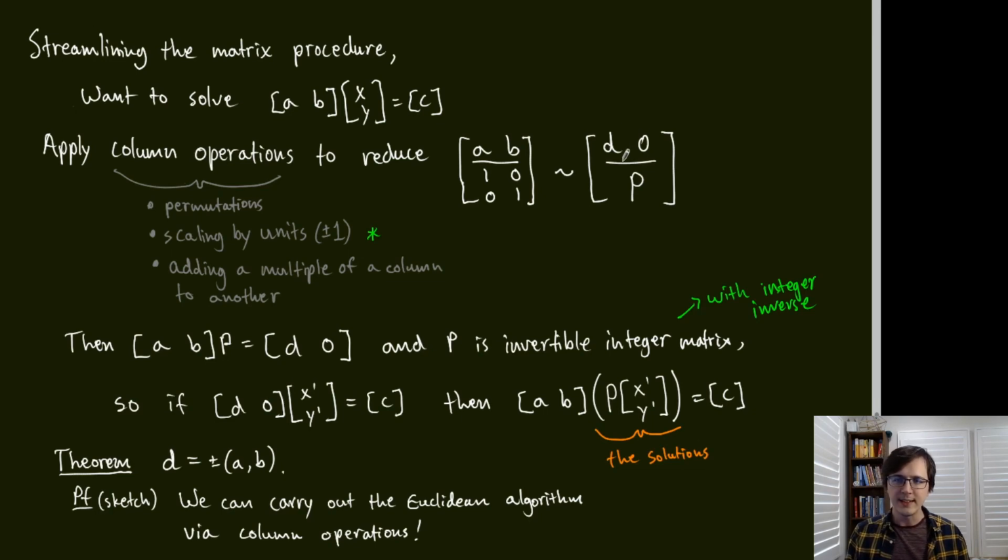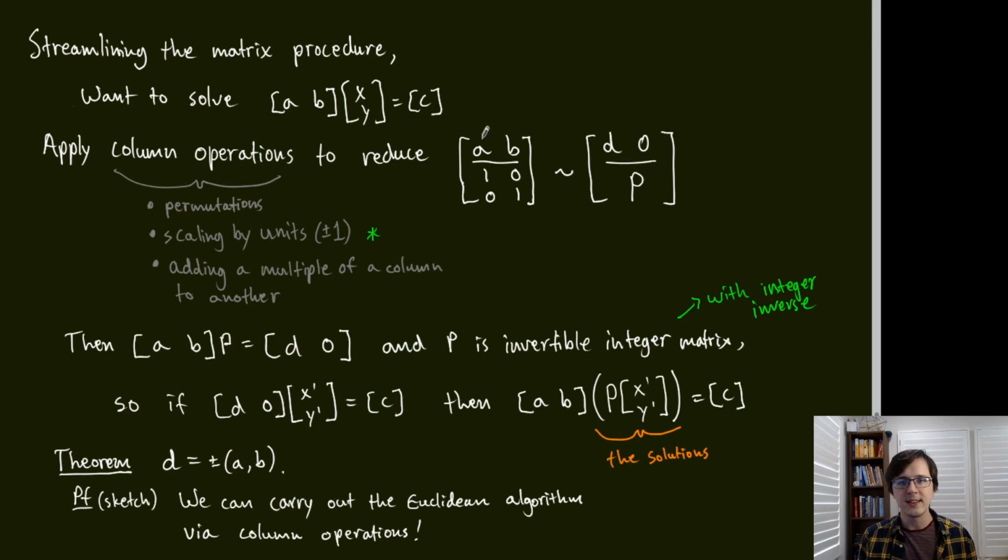One nifty thing is that this d here is actually, if you make it positive by scaling this column by -1 if necessary, the GCD of A and B. And the reason for this is that if we do the Euclidean algorithm for A and B, then each step along the way, we can turn it into a different column operation.